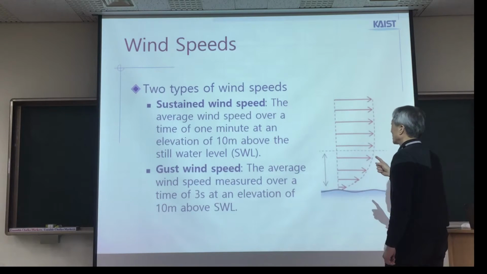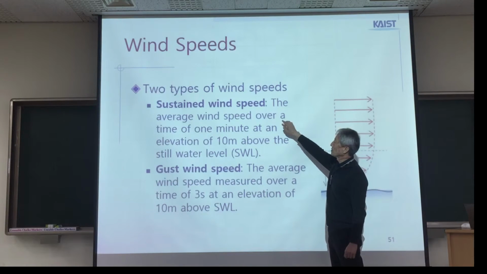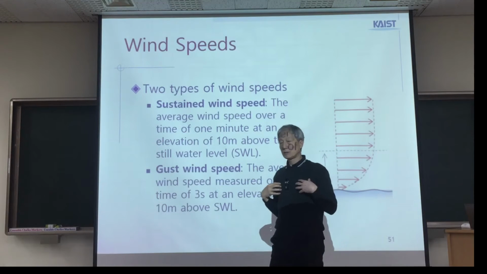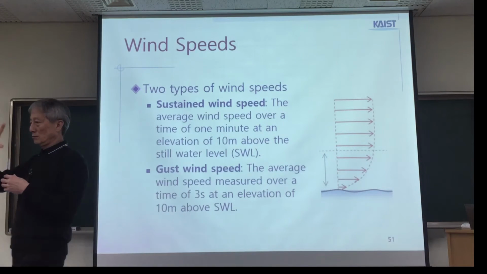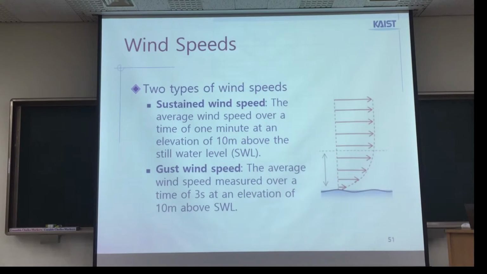So here they are saying sustained wind speed means average wind speed, because I'm trying to design a wind power system, right? Then how can I decide how much electricity it can generate? In the reverse way, if you think about a fan you buy from the shop to make wind blow, you need electricity to make a good fresh wind.